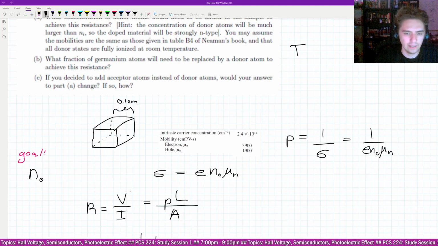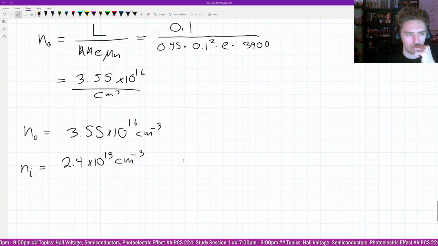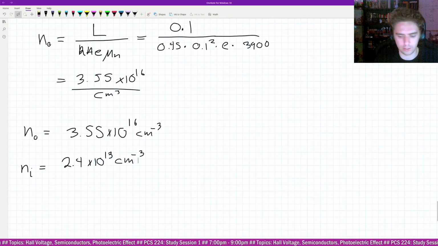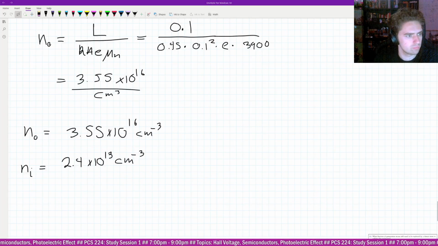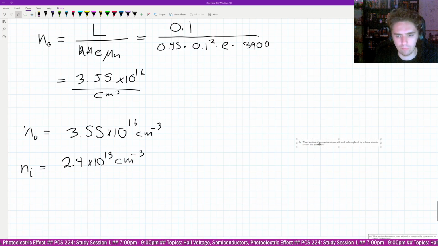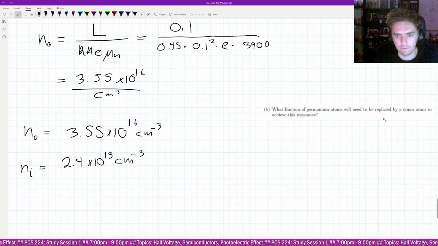So definitely need to compare it to the intrinsic carrier concentration, but other than that, I don't know exactly how. Wait, we could subtract the amount of extrinsic from intrinsic. So that's the amount that we need, right?